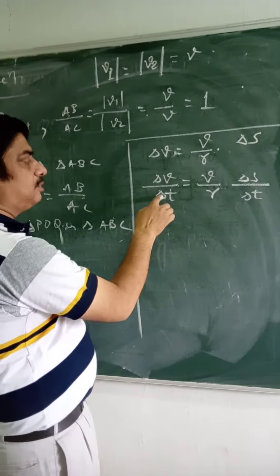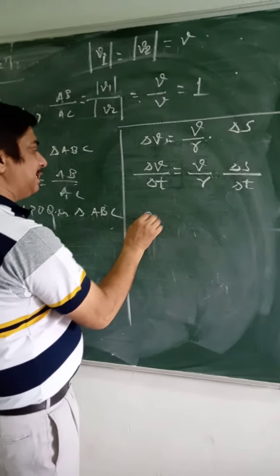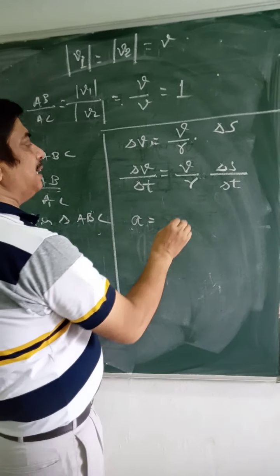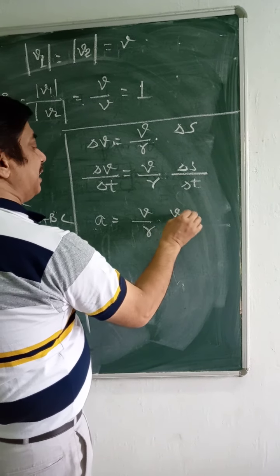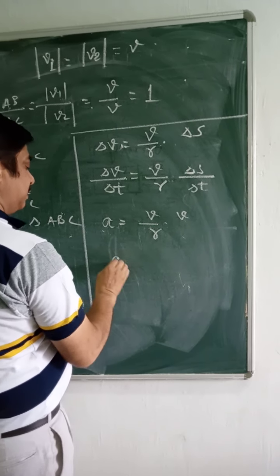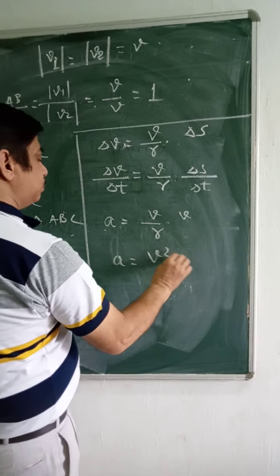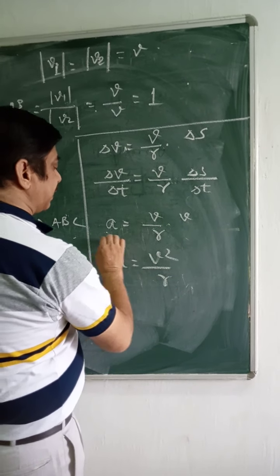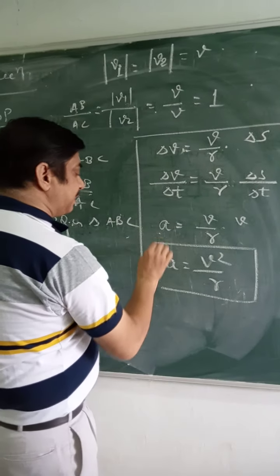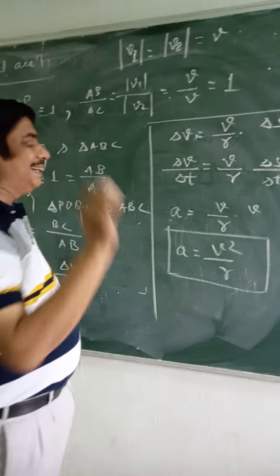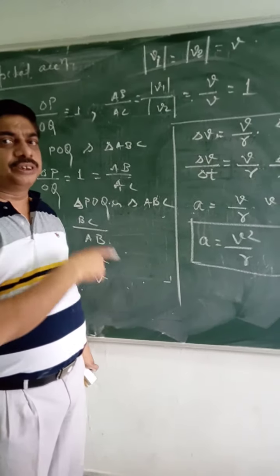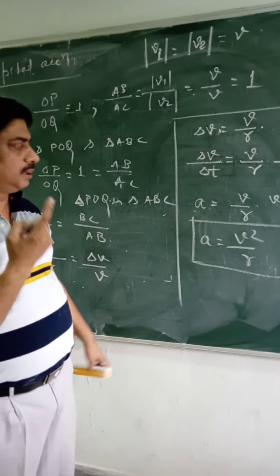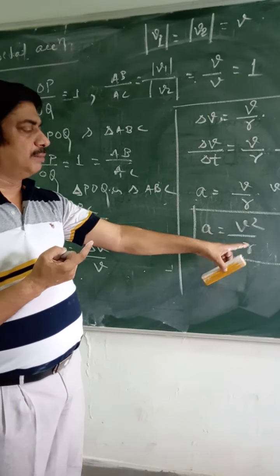The change in velocity with respect to time is the acceleration, and this is V divided by R, and delta S by delta t is V. So a is equal to V square by R. This is the acceleration of a particle executing circular motion. a is equal to V square by R.